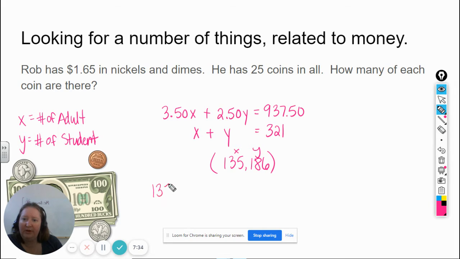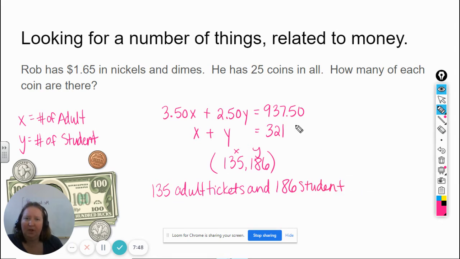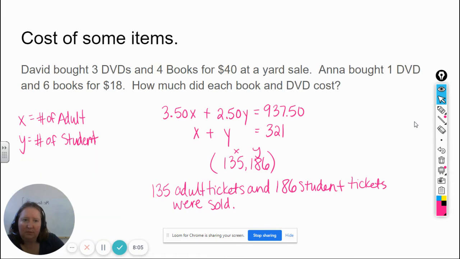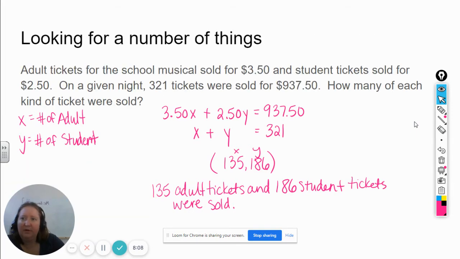So 135 adult tickets and 186 student tickets were sold. Okay, hold on. That is the answer to this question. All right, so hopefully that makes sense to you.